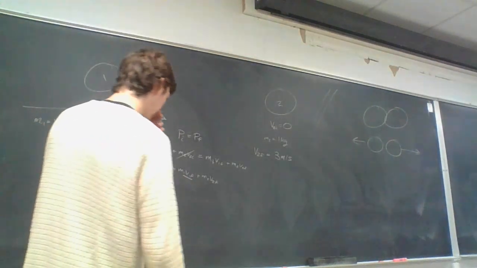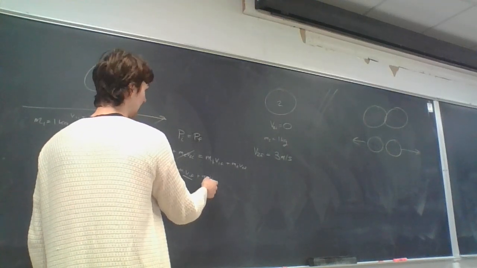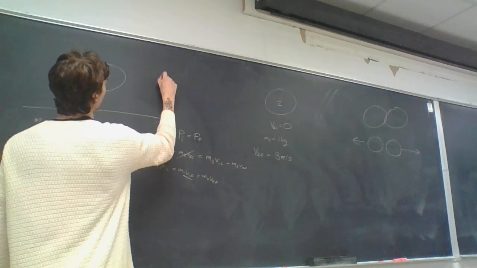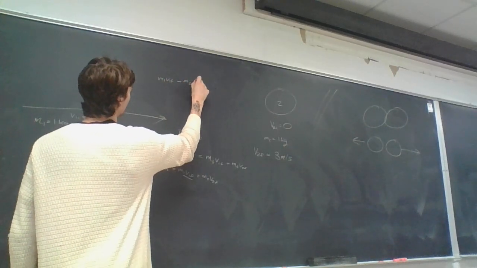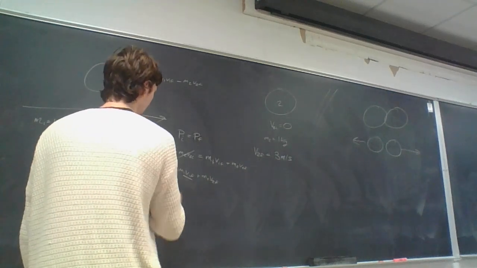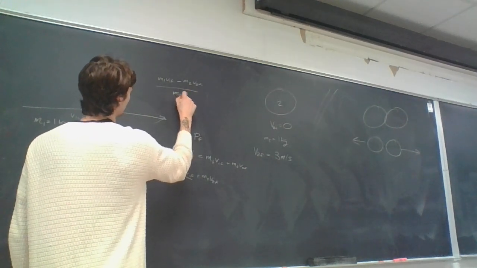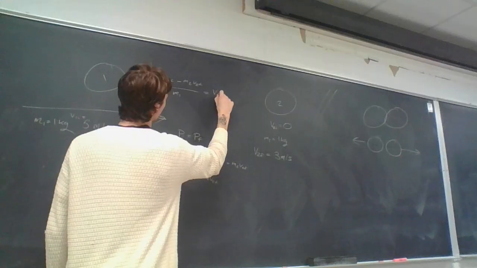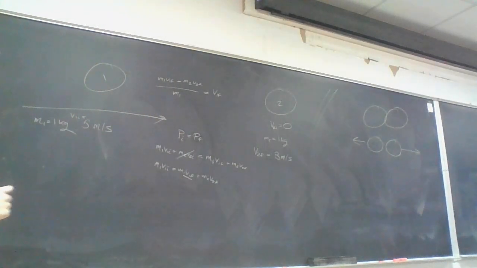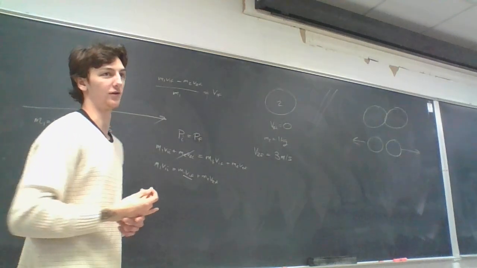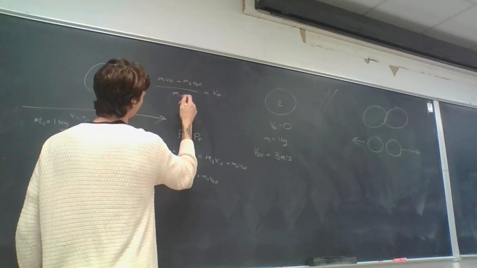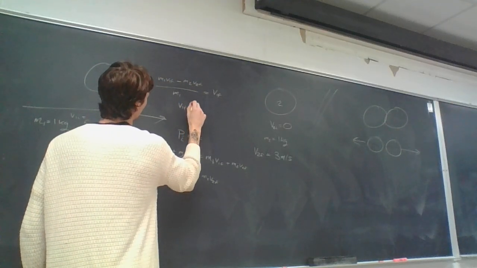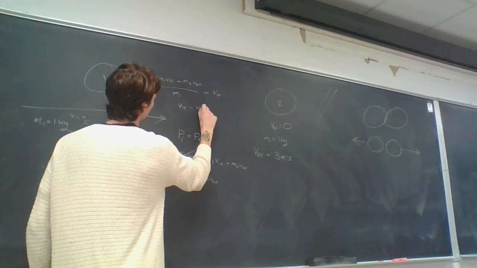So what we can do is isolate that term. So we'll have M1 V1 final minus M2 V2 final divided by M1. That should give us V1. And so let's just see. I made it 1 kilogram to make things a little bit nicer. So this is 1, that's 1, that's 1. So it'll be V1 final minus V2 final.